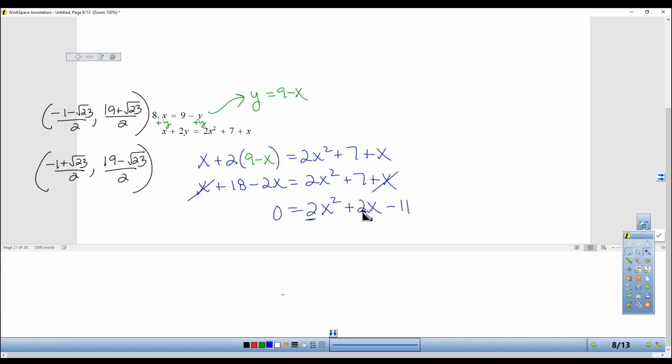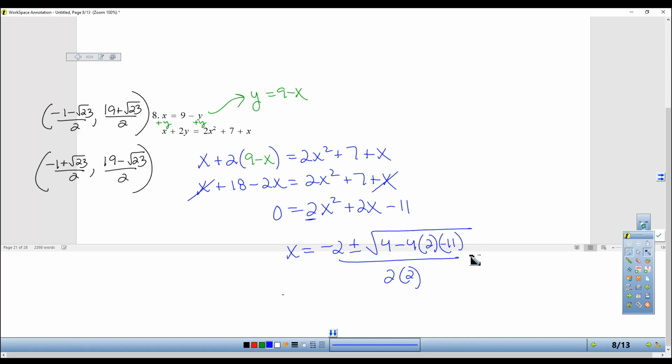So even though this was even normally, if a is 2, I go to the quadratic formula. Negative b plus or minus the square root of b squared minus 4ac, all over 2 times a.